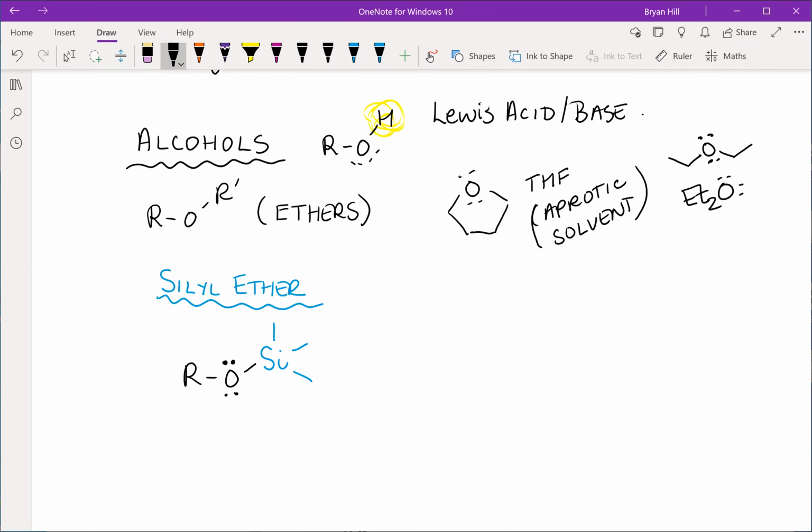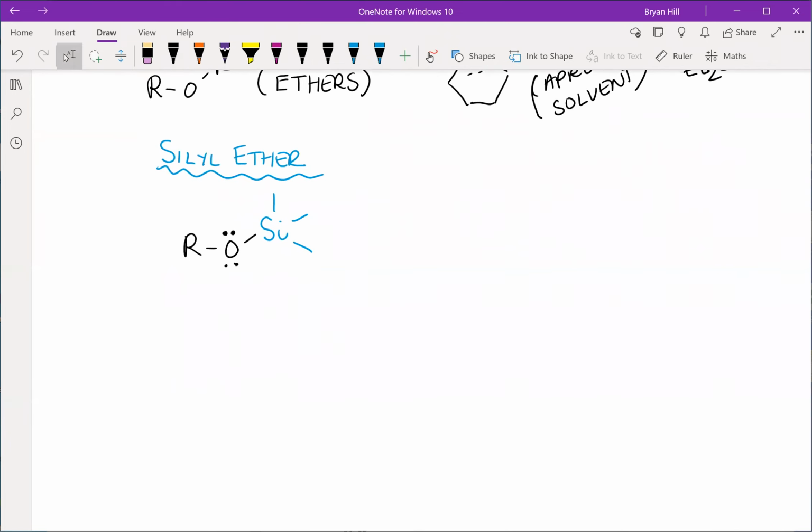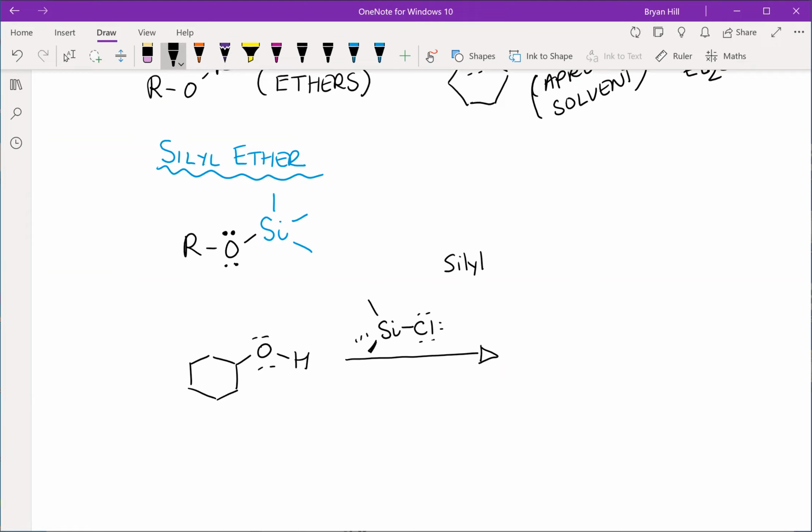So how do we make a silyl ether? Well, it's not hard at all. You take your alcohol and you react it with a silyl chloride.